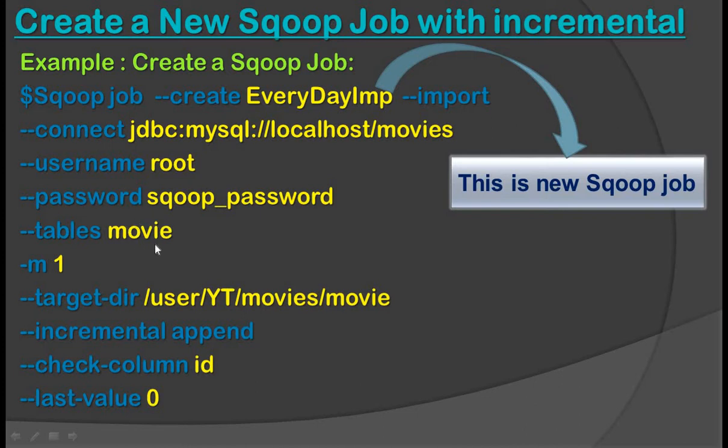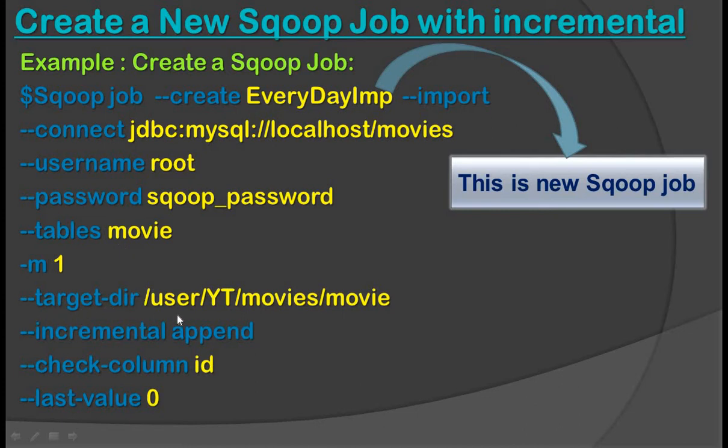I put here movie table -m 1. I am going to use only one mapper. --target-dir /user/yt/movies/movie. This is the target directory where we are going to import this table's records.